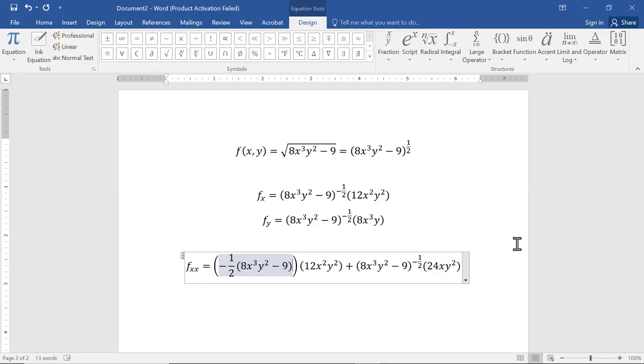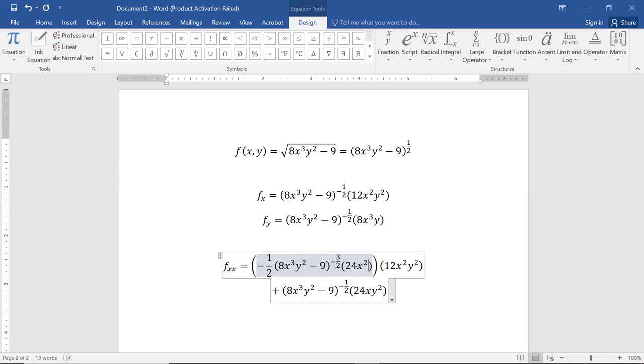I'm going to lower the exponent by 1, so that exponent is going to go from negative 1/2 to negative 3/2. And then I have to multiply times the derivative of the inside function with respect to x. Once again, that's 24x squared y squared.